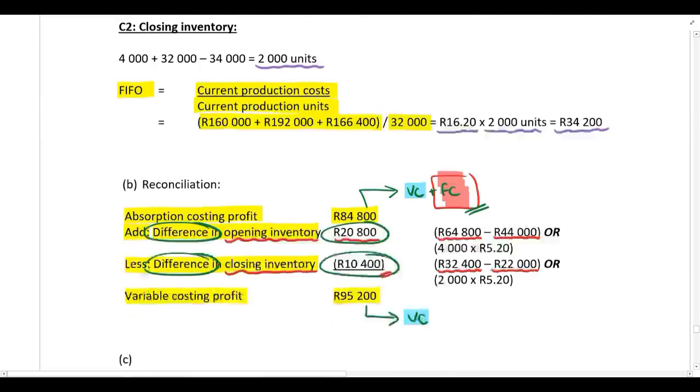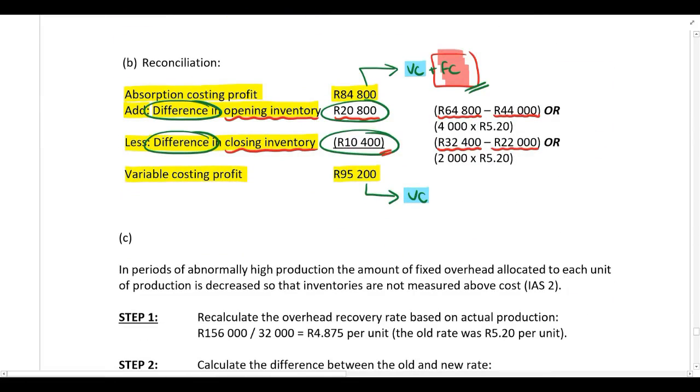So all you need to do is take that R5.20 per unit and multiply by the number of units in opening inventory. And please remember, in this example, the company had 4,000 units in opening inventory. So 4,000 units multiplied by R5.20 will give you your difference in opening inventory.